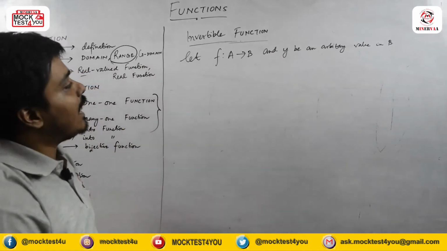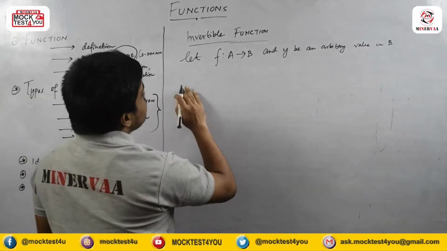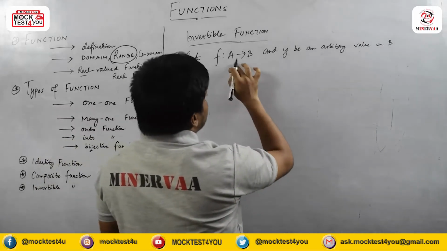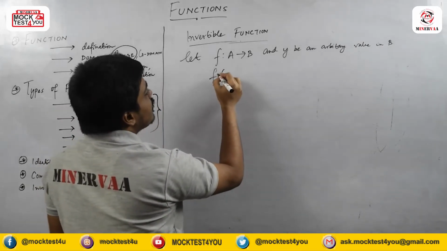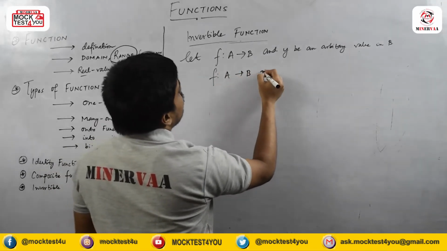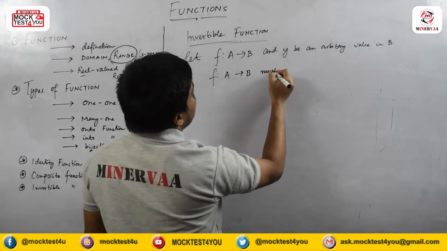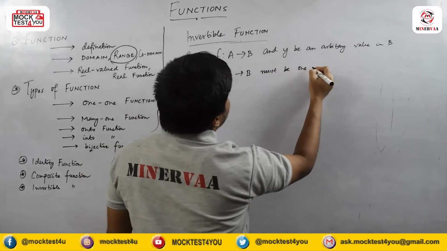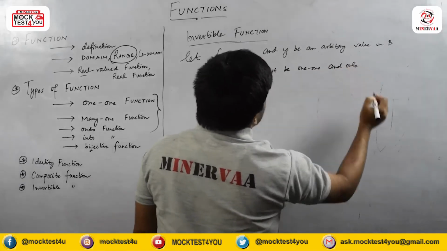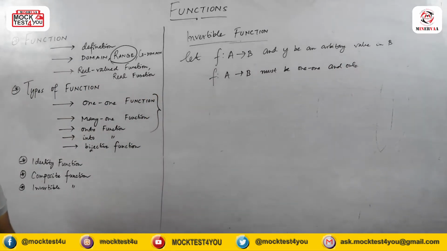So now listen very carefully. This function a to b must be 1-1 and onto. This function must be 1-1 and onto.